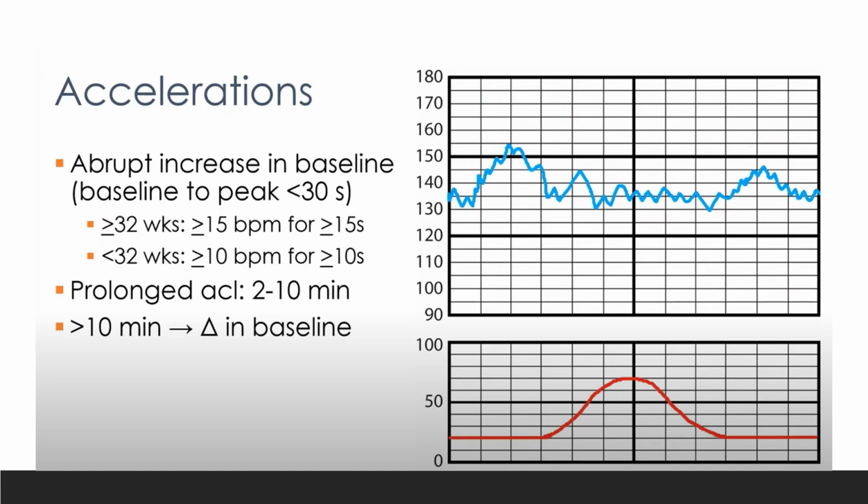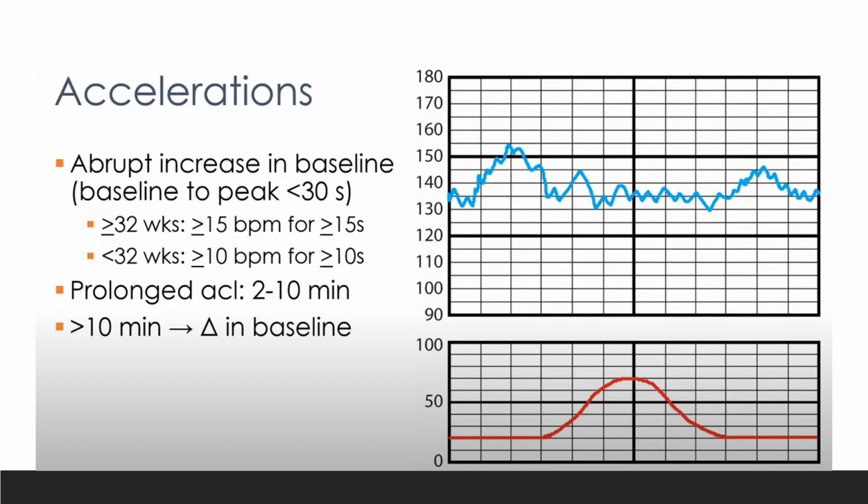So here again is another example of an acceleration. If your fetal heart rate baseline is at 135, you can see there's beat-to-beat fluctuation in the variability, and then it goes all the way up to about 155 and goes back down to baseline. So please make sure you take the time to really look at this and understand what you're looking at.